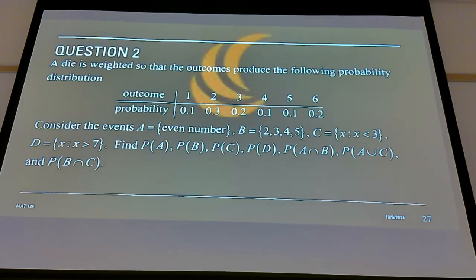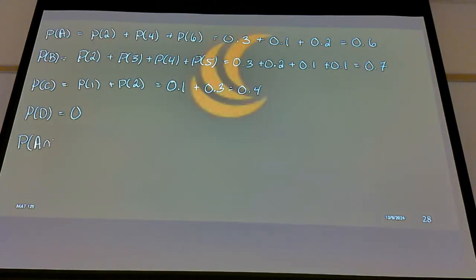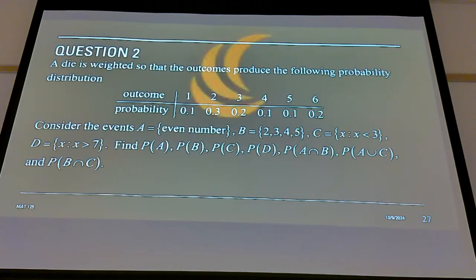Next up was A and B. A was even numbers. B was 2, 3, 4, 5. What is their intersection? 2.